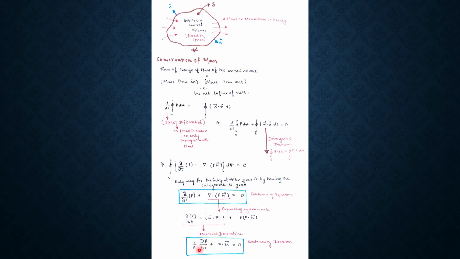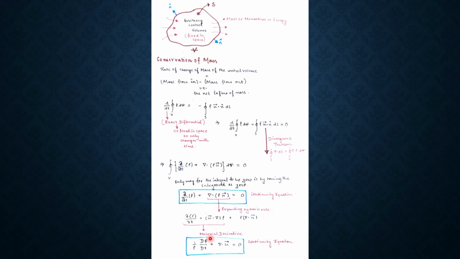Material derivative, or otherwise Lagrangian derivative, is something that measures the change of a particular property, over here density, due to change in its position and change of time. It measures the change in a thing due to both temporal effects and convective effects. And it is really useful for flow processes, be it in fluid flow or thermodynamics or anywhere else.